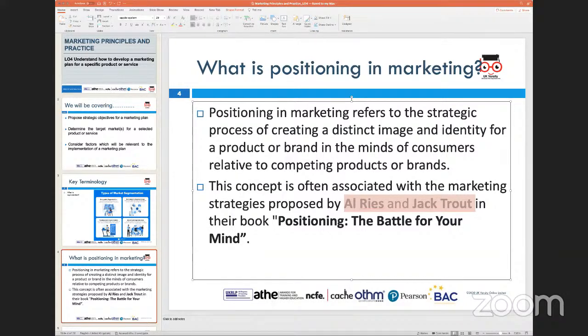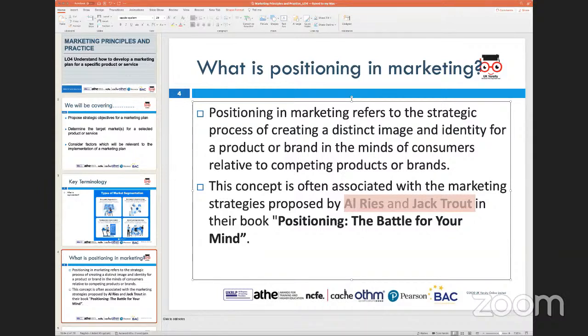When we look at this in detail, the framework they defined relates very closely to what is called the STP model: the segmentation, targeting, and positioning model in marketing, as we normally call it.